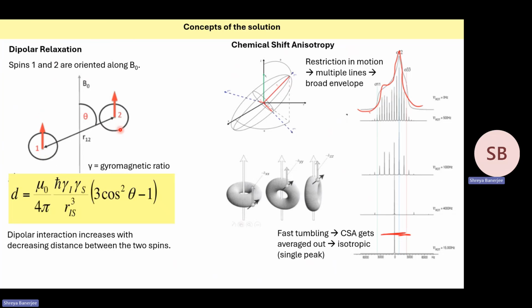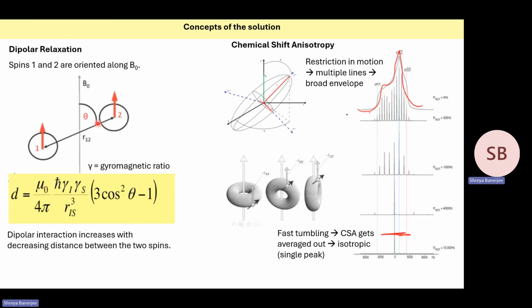If you have two spins, the dipolar interaction between them is defined by mu0 by 4 pi into h bar into the product of the gyromagnetic ratios divided by the distance between the two spins cubed, and in the bracket, the angular component, the one which is defining the magic angle spinning, is 3 cos squared theta minus 1, where theta is the angle of the spin with the B0. In magic angle spinning, we consider this to be 0, which is where theta comes out to be 54.7 degrees.